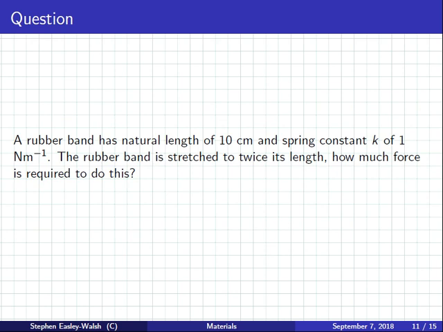No. 10? No. 0.1. 0.1 newtons. Yeah. Because this is centimeters, you have to convert it to meters. Okay, so that's fine.